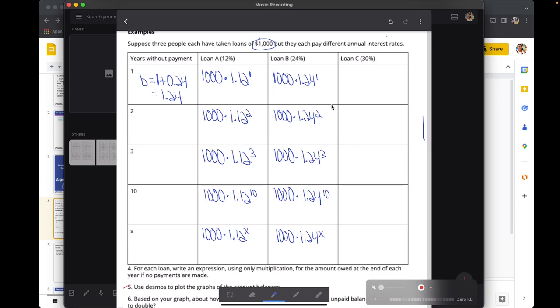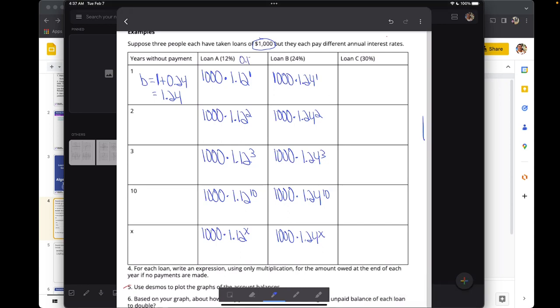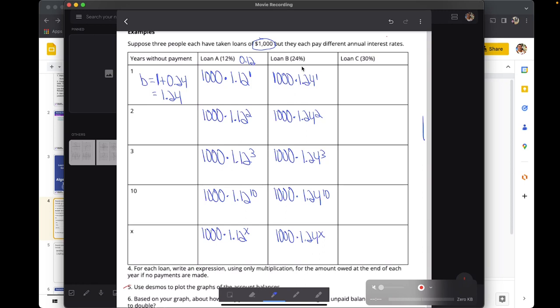All right. So we just used the fact, for example, that 12% is 0.12 and 24% is 0.24. Loan C, our interest rate is 30%.